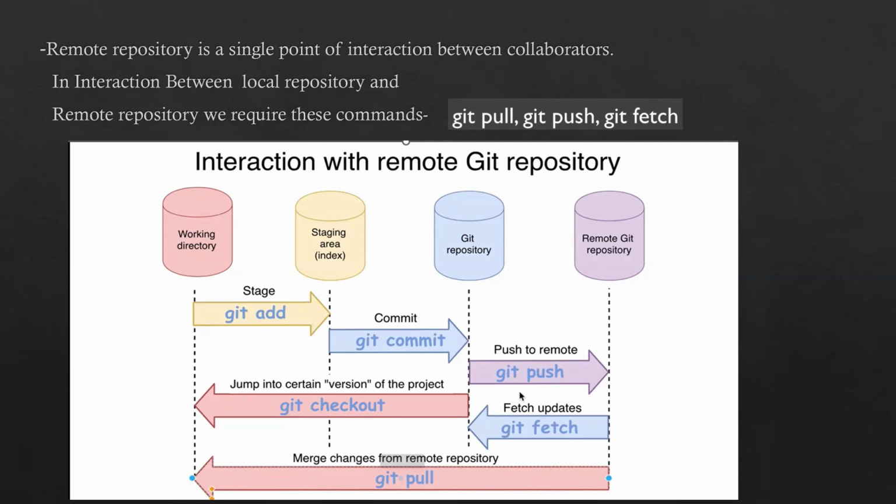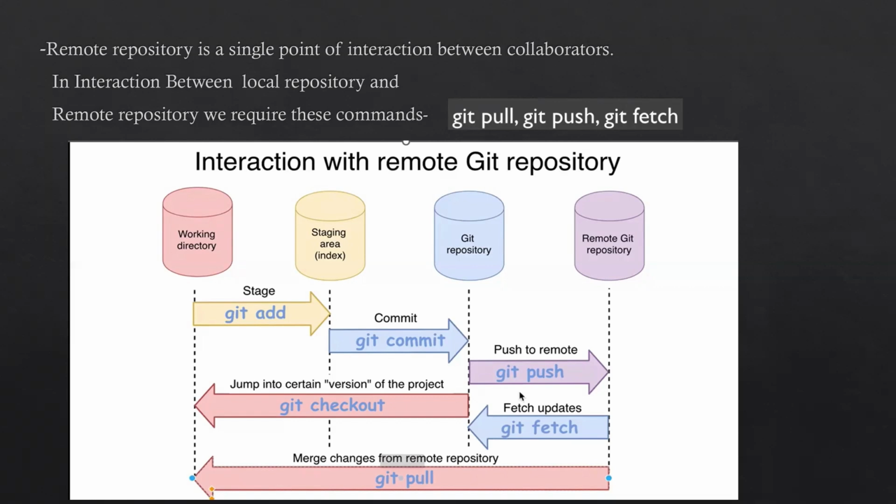HEAD by default works on the main branch, and HEAD moves forward, so the instance where we created a branch is left behind. So if I have to go back to that instance on the branch, we have to use git checkout and the branch name. Okay.